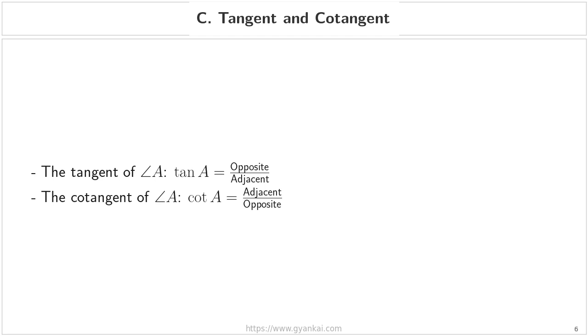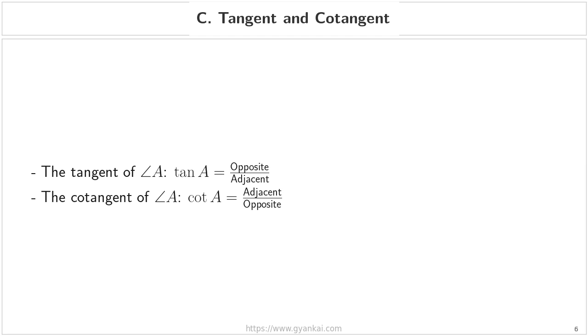C. Tangent and cotangent. First, let's recall the definition of the tangent of angle A, as we've seen with the other ratios. Tangent of A is equal to the length of the opposite side divided by the length of the adjacent side. Conversely, the cotangent of angle A is simply the flipped version of that ratio.